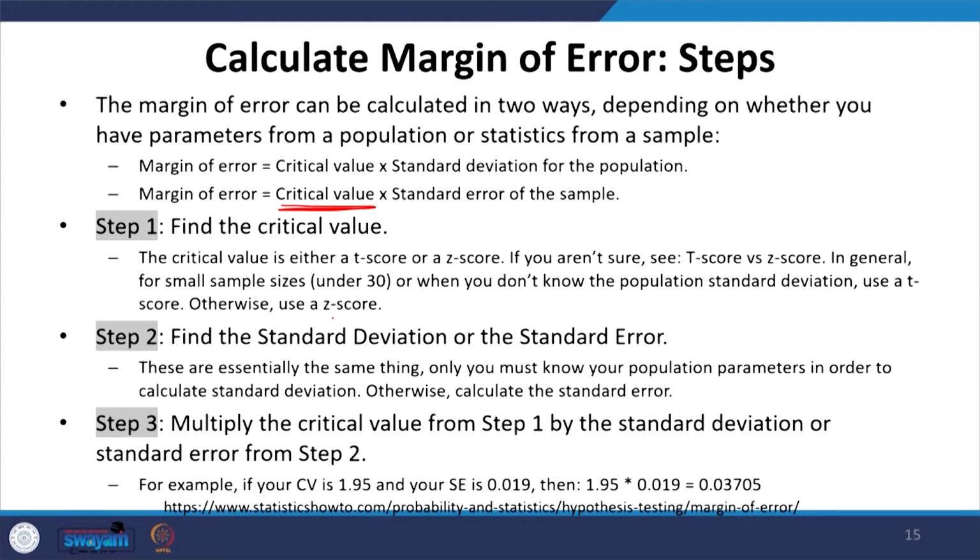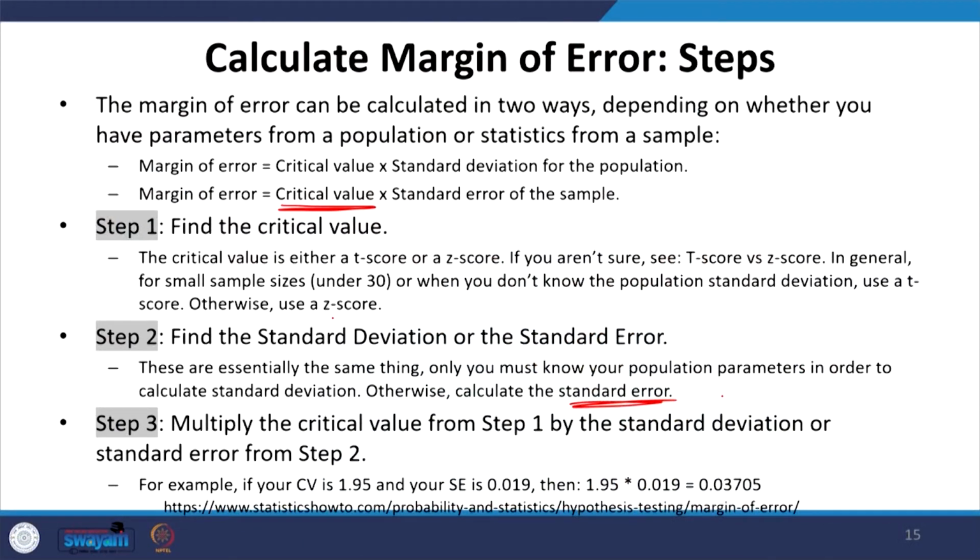In general, for small sample sizes, usually less than 30, or when you do not know the population standard deviation, in most cases we apply the T score, the T table. Otherwise, if it is correctly known, then the Z score can be applied.